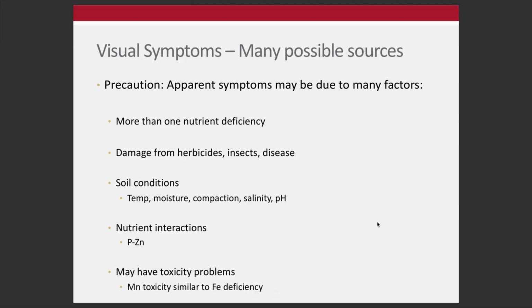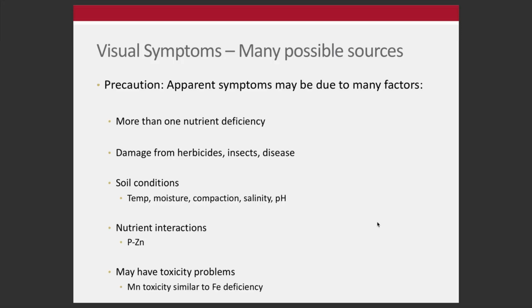And then, we've talked about this a number of times, but there are a lot of things we have to be careful about when we're, quote unquote, diagnosing with certainty some sort of visual symptom.